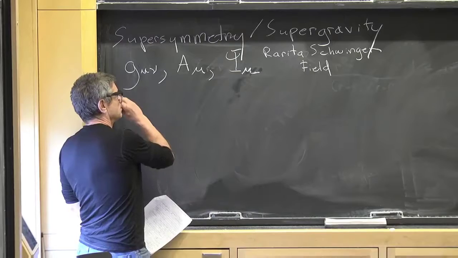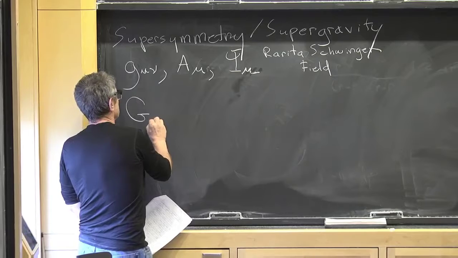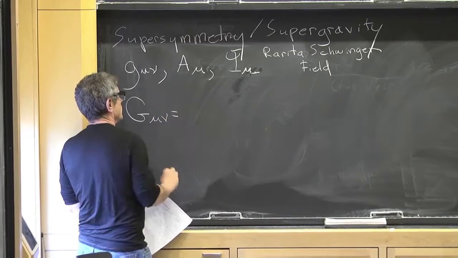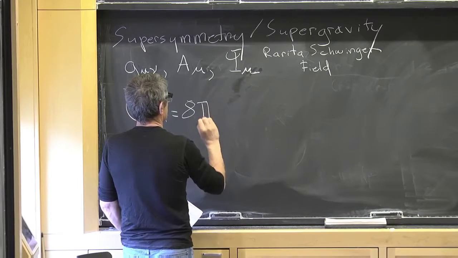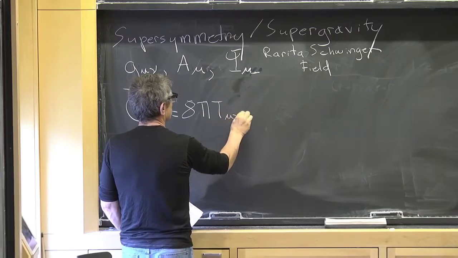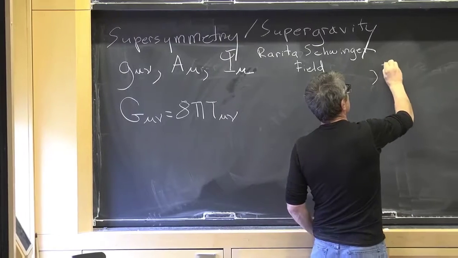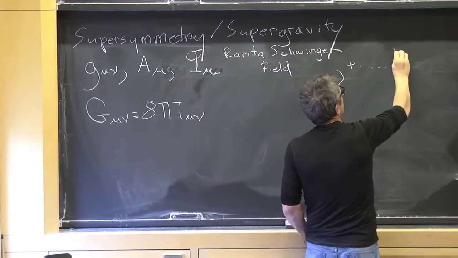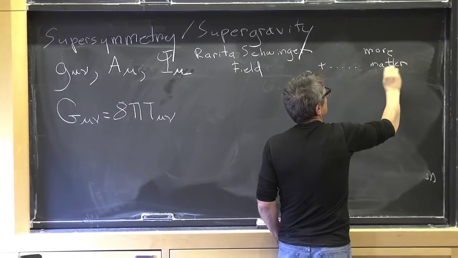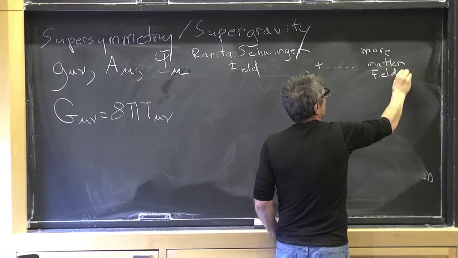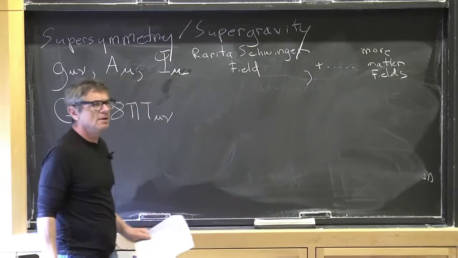Now, these fields have equations of motion. And of course, for the metric, we have the Einstein equation, which is 8 pi T mu nu. And also I mean here plus dot, dot, dot, which, there could be more matter fields of various kinds coupled to these three basic fields here.